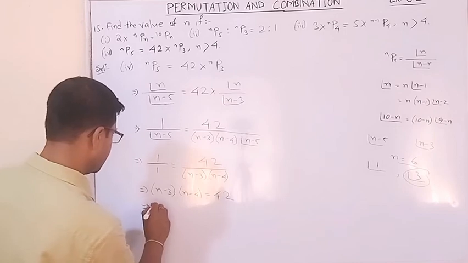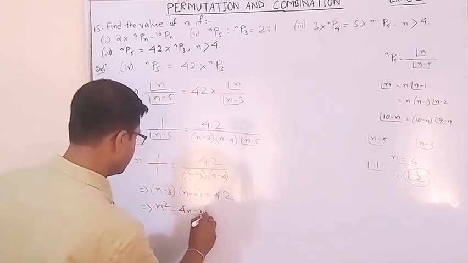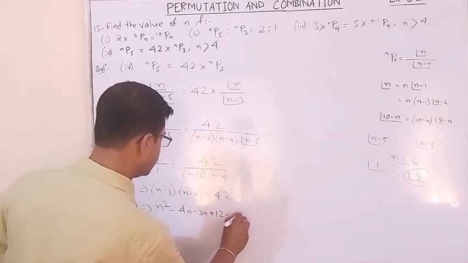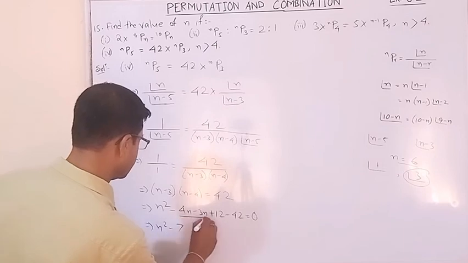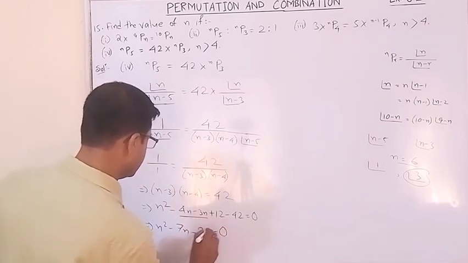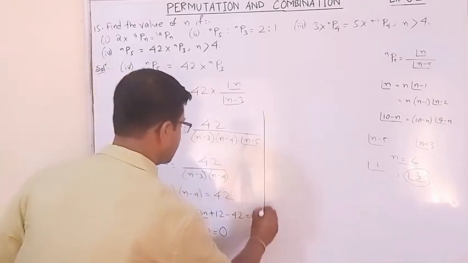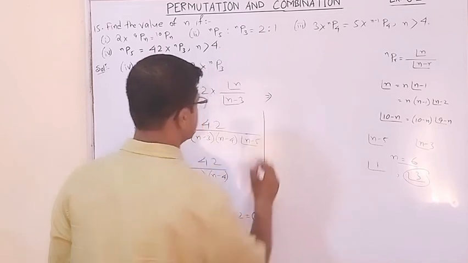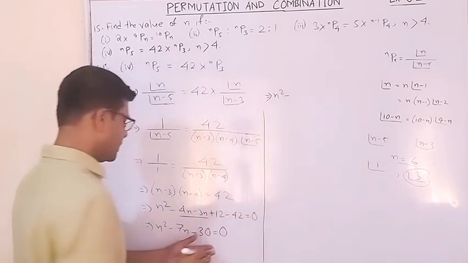Okay, let us multiply. n square minus 4n minus 3n plus 12 minus 42 is equal to 0. So this is n square minus 7n minus 30 is equal to 0. Okay, 12 minus 42 is minus 30. Now remaining part let us do here. Okay, now this is n square, let us do the middle term splitting.